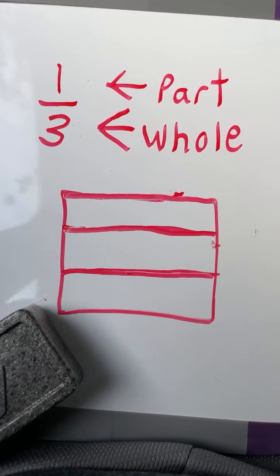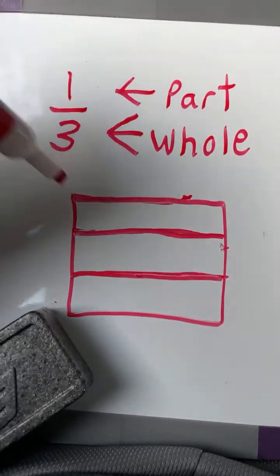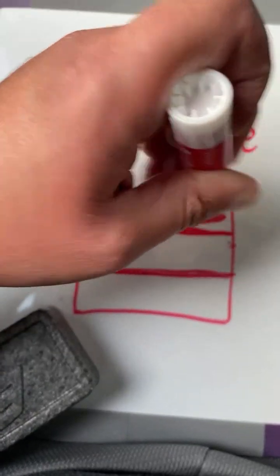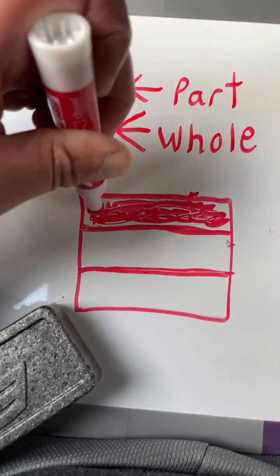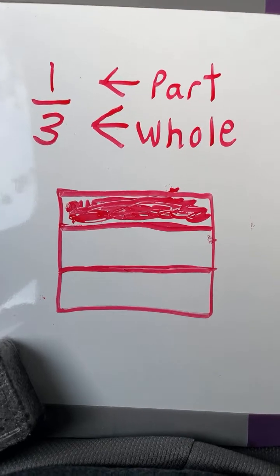So 1/3 would have a total of 3 parts, and one of those 3 parts would be filled. So right here we have our fraction model representing 1/3.